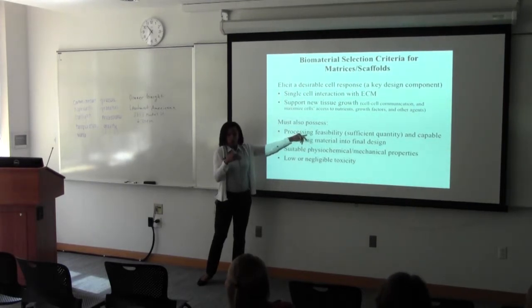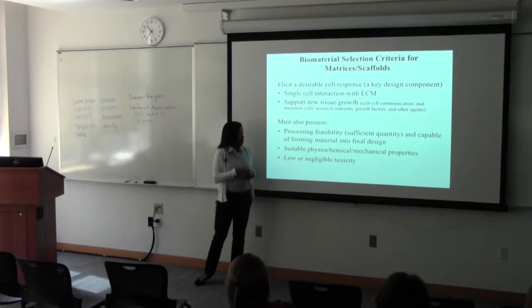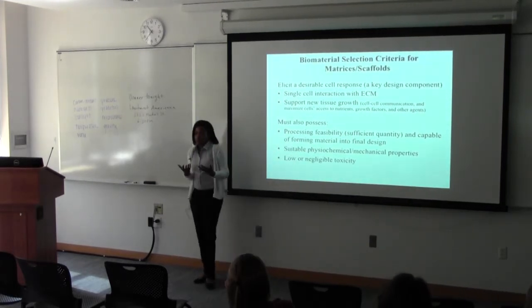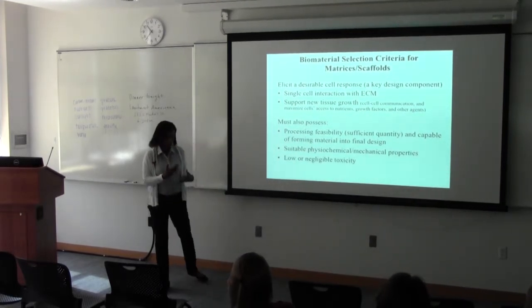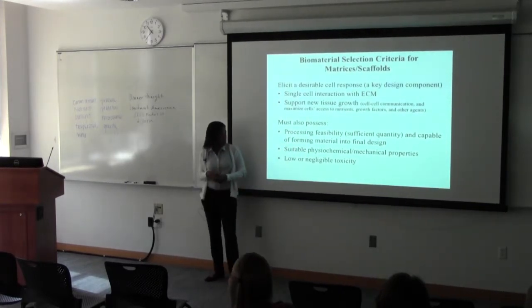But on a smaller scale in the lab, you need to be able to process it. So you've got to choose some materials that you can process, and you need a good amount of them, and be able to form that final design, whatever that final design is. So it's part of the challenge in processing that you face here.